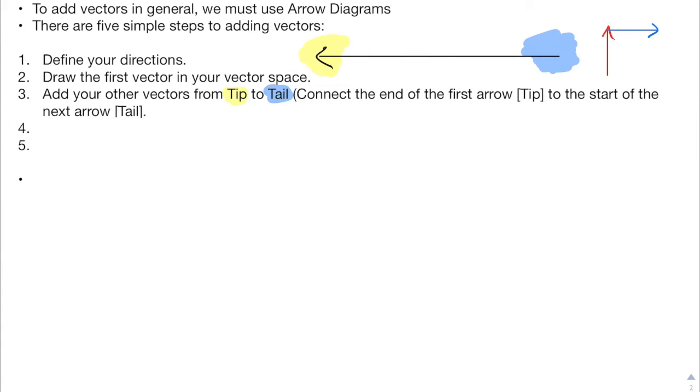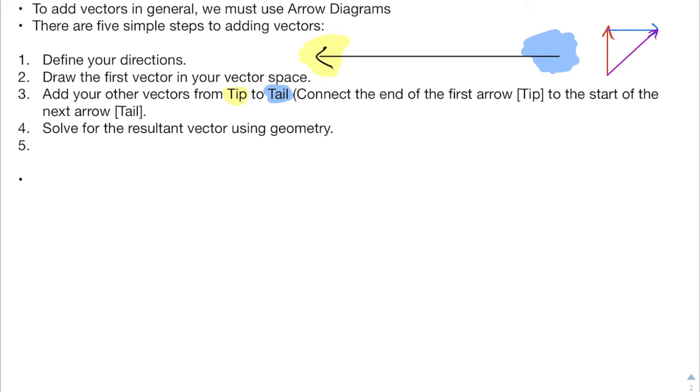Once we have combined all our vectors, adding from tip to tail, our next step is to draw the resultant vector and solve for it using geometry. To draw the resultant vector, you will start from the beginning of the first arrow and move to the end of your last arrow. Make sure you point the arrow towards the end, because this will ensure you have the right angle for finding your direction.